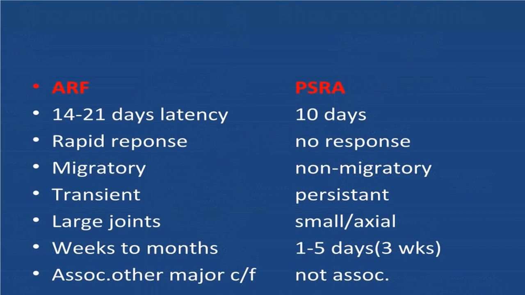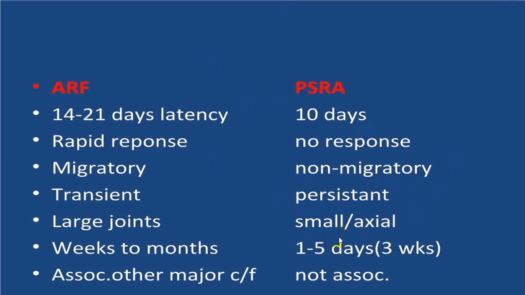This is a difference between acute rheumatic fever and post-streptococcal reactive arthritis. This will be after 10 days. This will respond very nicely to aspirin, etc. There is no response here. Non-migratory. This is persistent. Small joints and axial joints are more frequently involved.